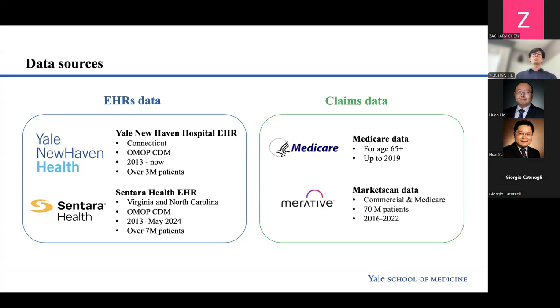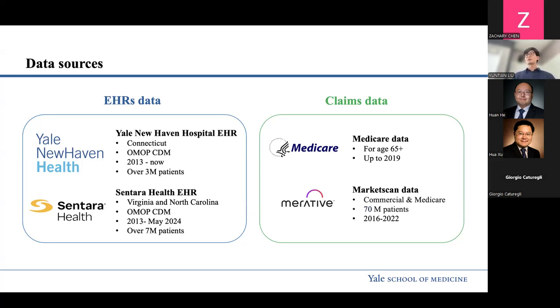We can even go back to the chart to see what's going on. But EHR data don't have the cost or expenditure information. That's why we have to impute those expenditure information from the claims data.